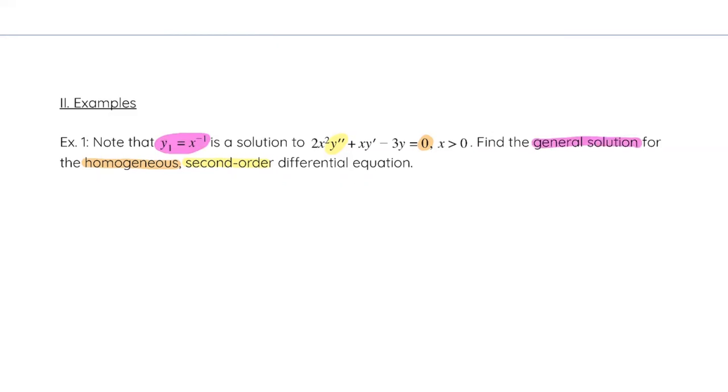And in order to find the general solution, we need to find the second solution. Okay. So the things in the yellow tell us about second order, the things in the orange tell us about homogeneous, but the things in pink are what tie it back to section 4.2.